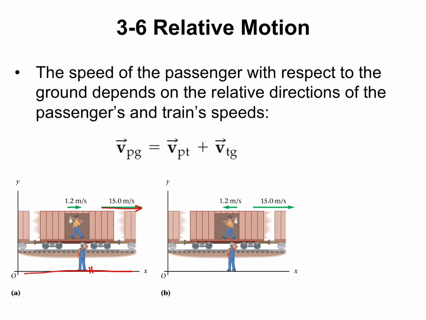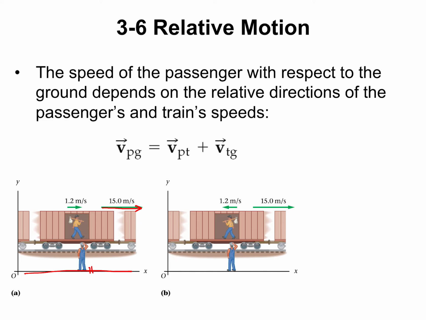Then to this blue shirt guy, what is the velocity of that yellow shirt guy? Well, it's different, right? Definitely. The velocity of the yellow shirt guy relative to the train is 1.2 meters per second.